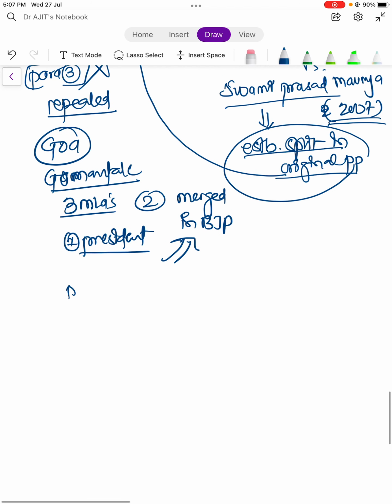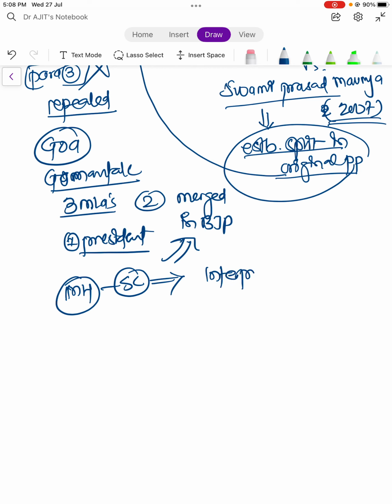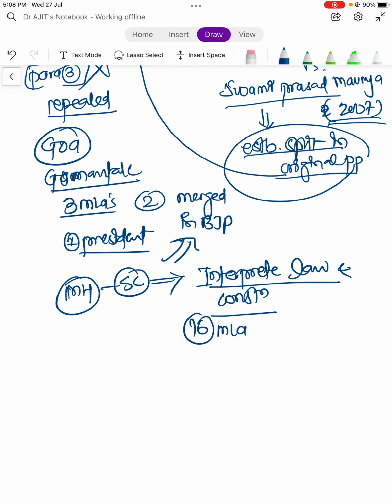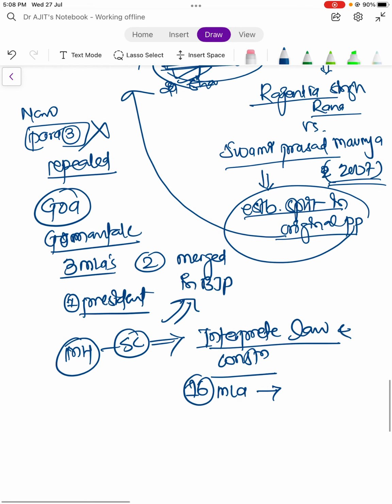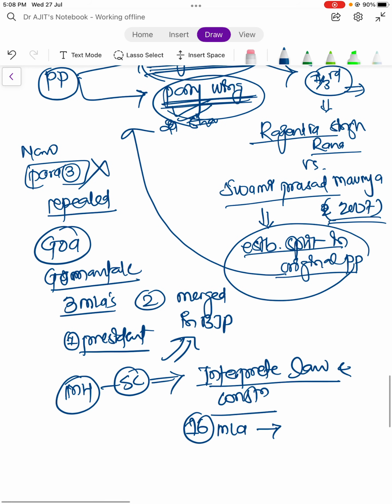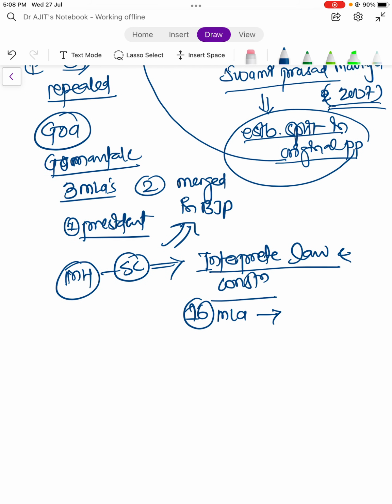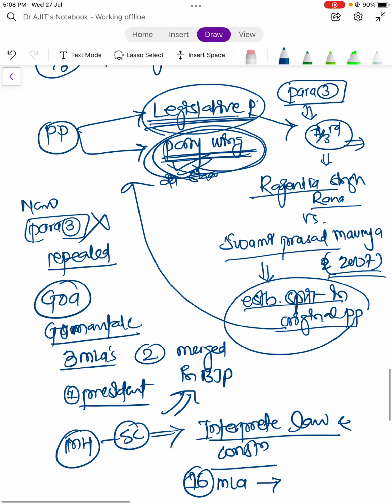But in case of Maharashtra, right now, the Supreme Court has said that there is a need to interpret the law and constitution, and only then will we be able to come to a conclusion whether these 16 MLAs who have rebelled can be disqualified under the Anti Defection Law or not, because there is no clear cut provision whether for merger you need to establish that the party wing as well as the legislative wing is merged, whether there is a rebellion in the party as well as the legislative wing.